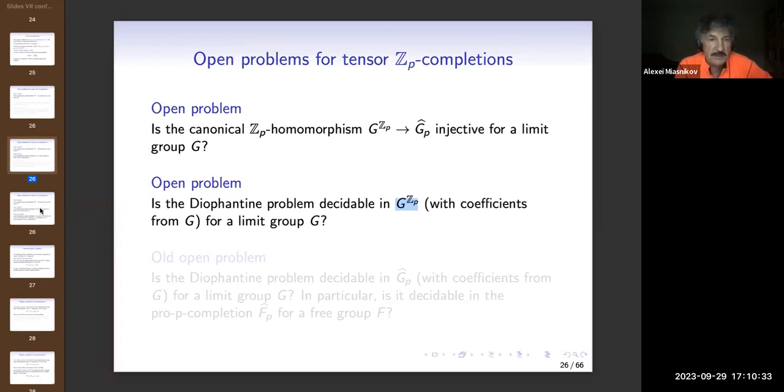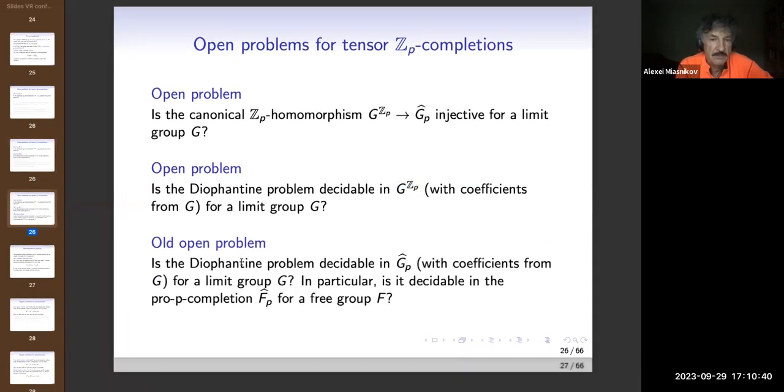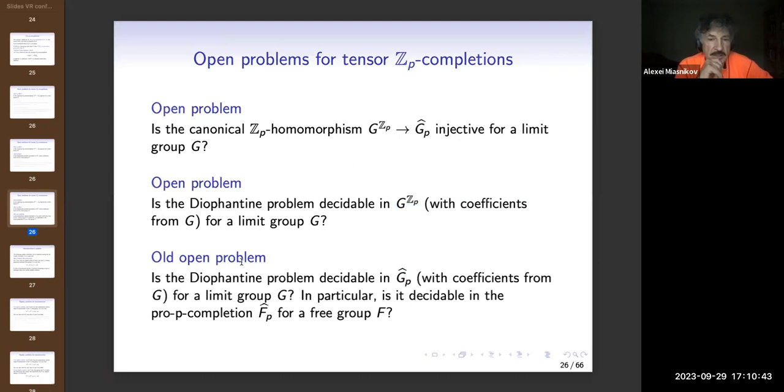And especially it's interesting because it relates to another very interesting old problem, for which not much is known, even though it's been known very well for a long time. So take a limit group G and take its pro-p completion.